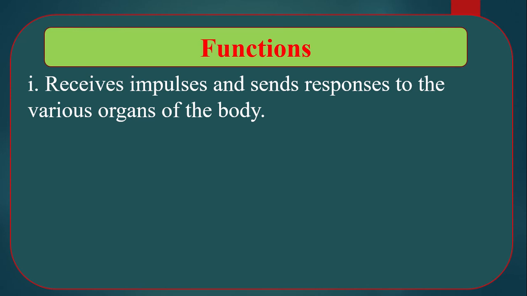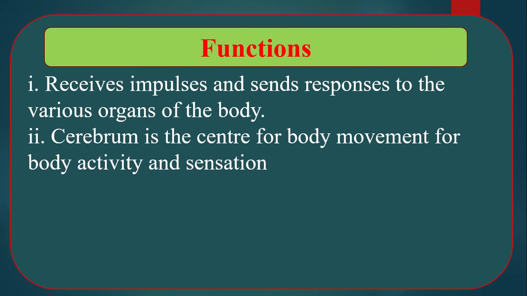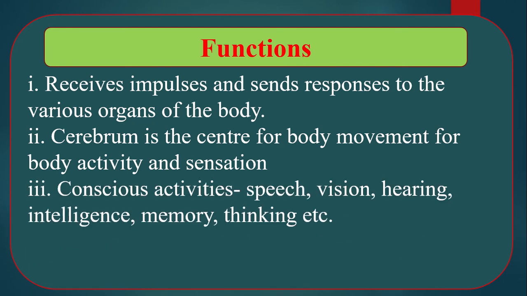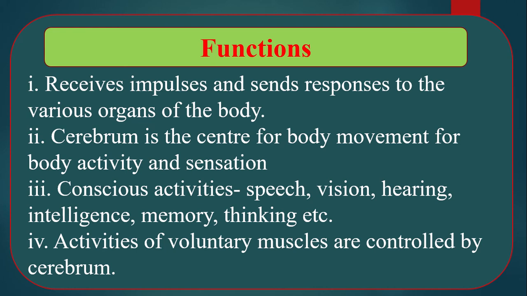Number 1, receives impulses and sends impulses to the various organs of the body. Number 2, cerebrum is the center for body movement, body activities and sensation. Number 3, conscious activities like speech, vision, hearing, intelligence, memory, thinking, etc. Activities of voluntary muscles are controlled by cerebrum.